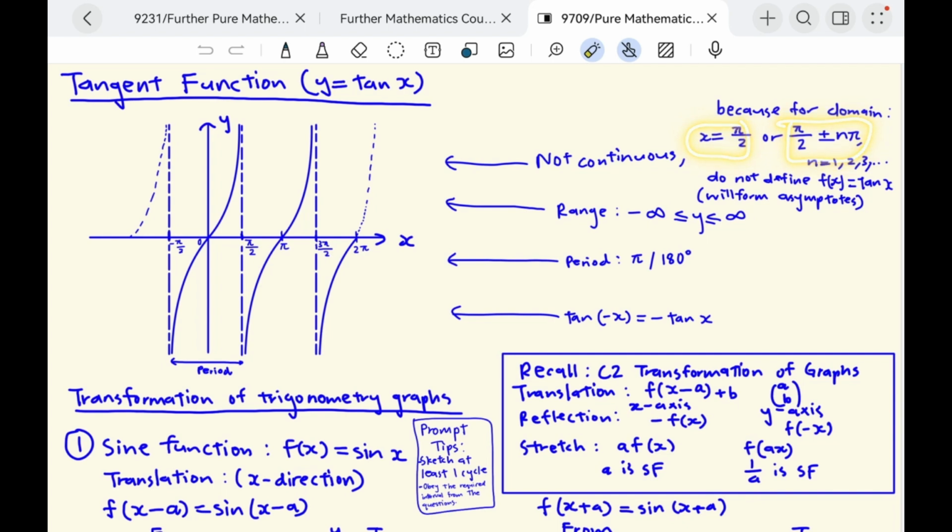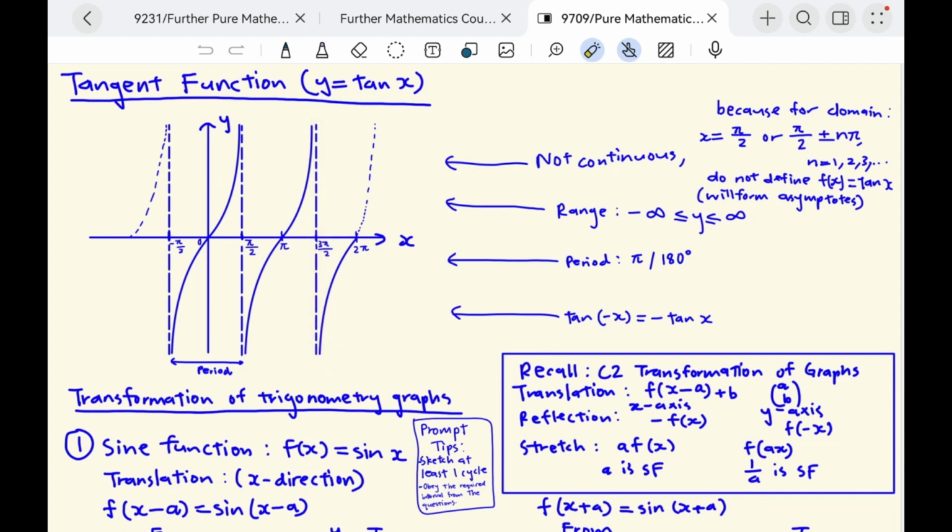N pi means you add how many half cycles. This dashed line we call asymptotes, which means the graph does not touch that line, because if you approach this line, it does not define the tangent function. That's why this is called asymptotes.